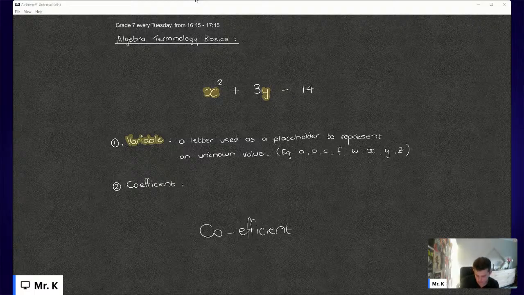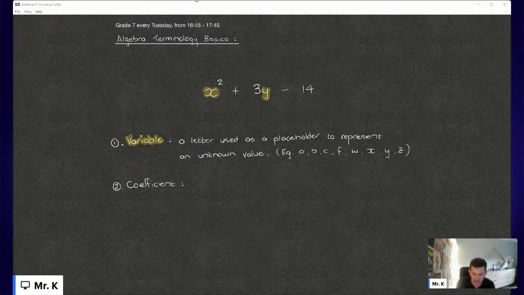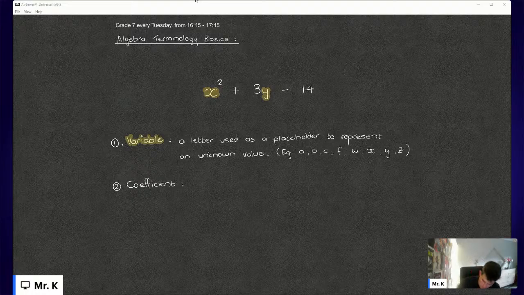Okay. This line over here. And the word co that we see in front, grade 7, gives us a hint as to what the word coefficient means. Coefficient refers to the value that is being multiplied to a variable.